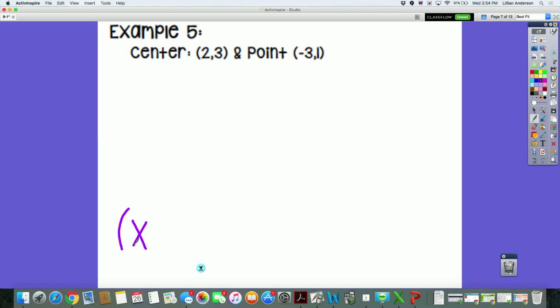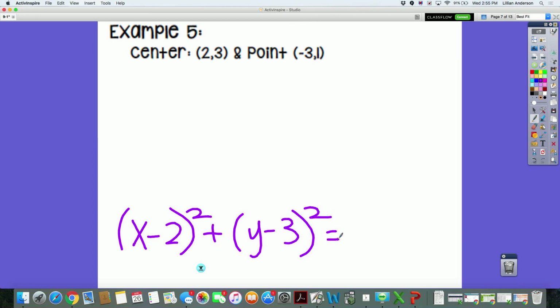It's going to be x minus 2 squared plus y minus 3 squared. But what's the issue? I have a point, not a radius, and I need my radius in order to finish this out. So, how do we do that?